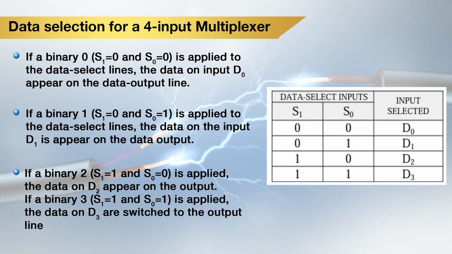If a binary 2, that is S1 equals 1 and S0 equals 0, is applied, the data on D2 will appear at the output. If a binary 3, S1 equals 1 and S0 equals 1, is applied, the data on D3 is switched to the output line.